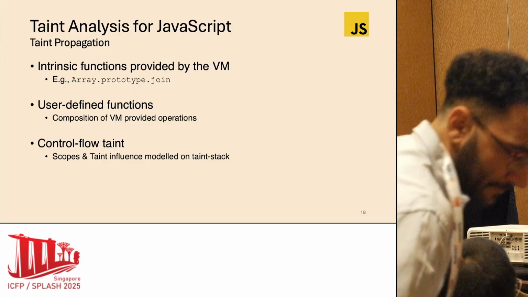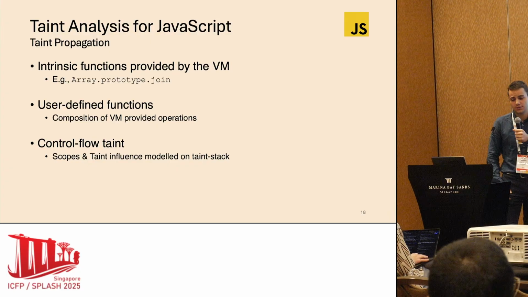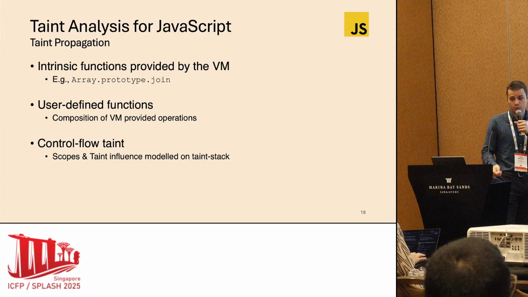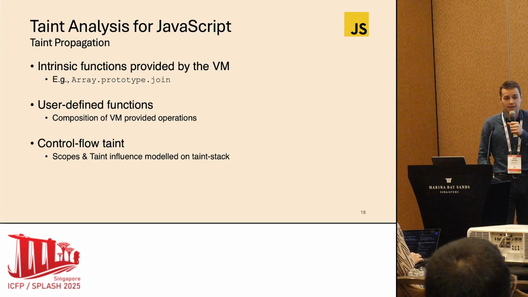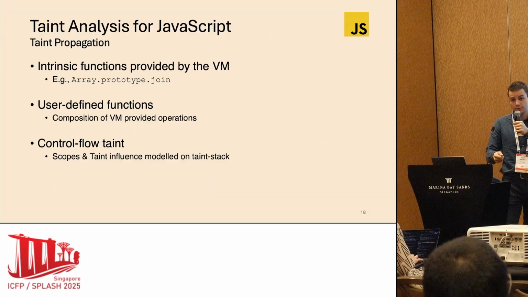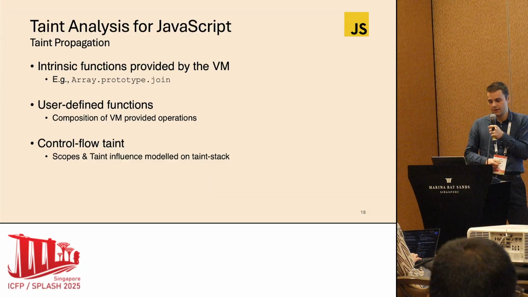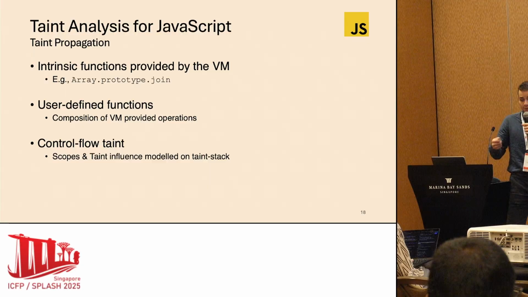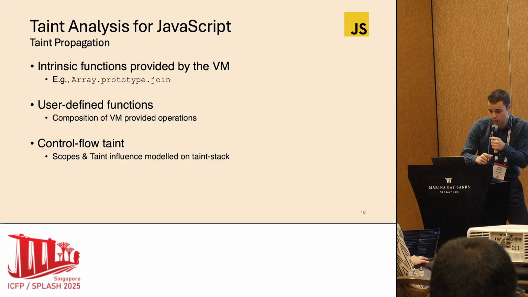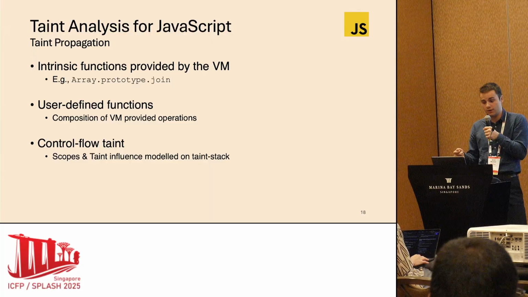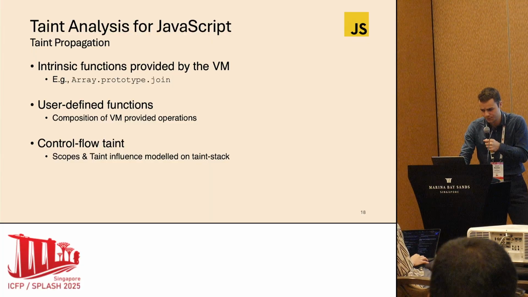And furthermore, we also accounted for control flow taint. So that is based on control flow: whatever dictates your program's control flow will also taint values that, based on control flow statements, are now assigned new values.